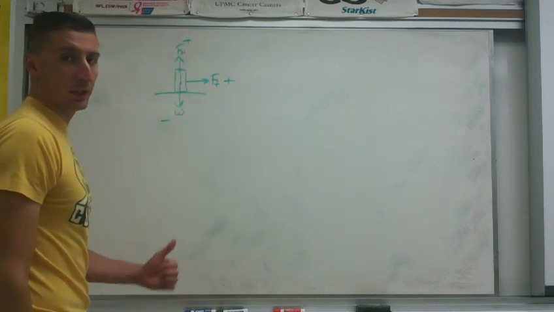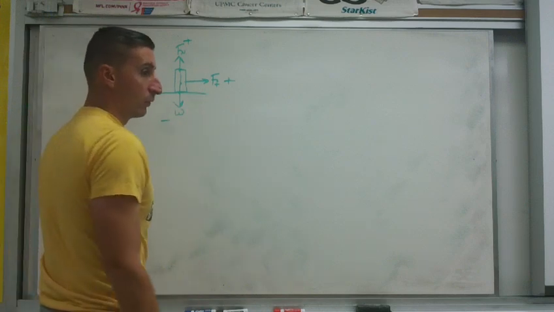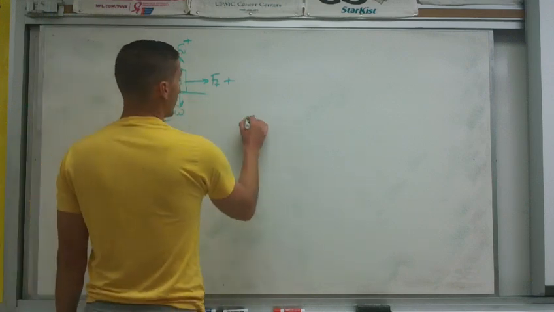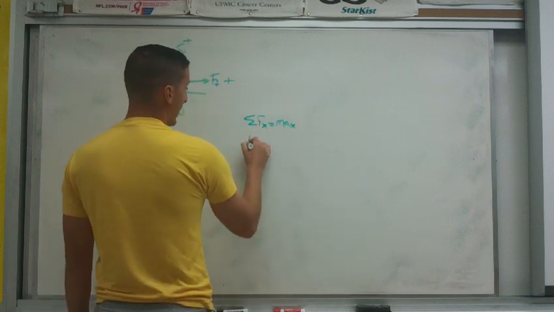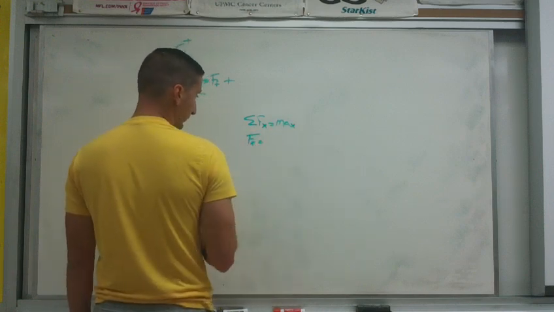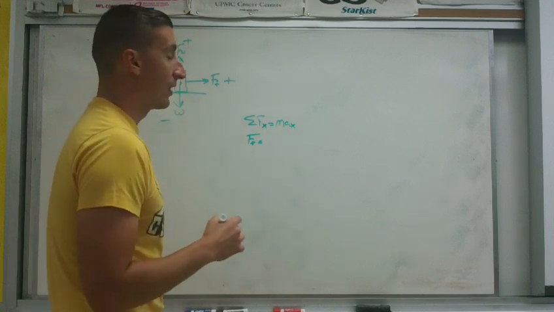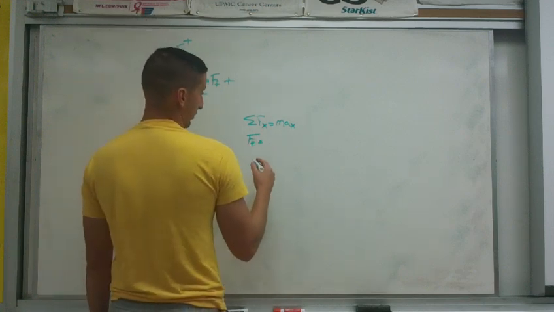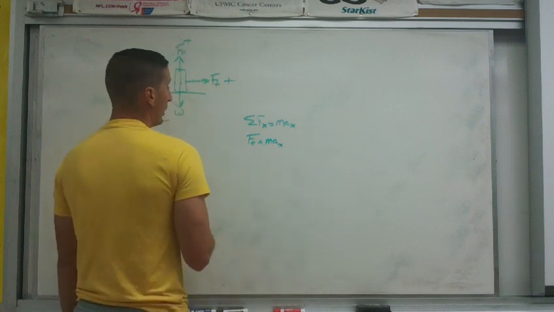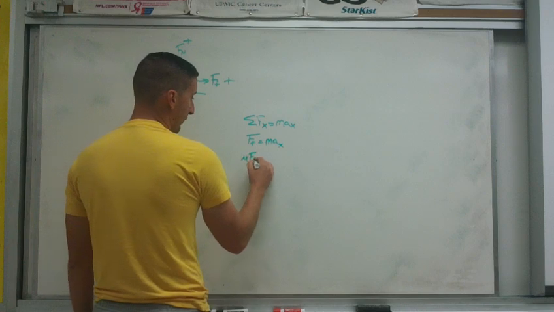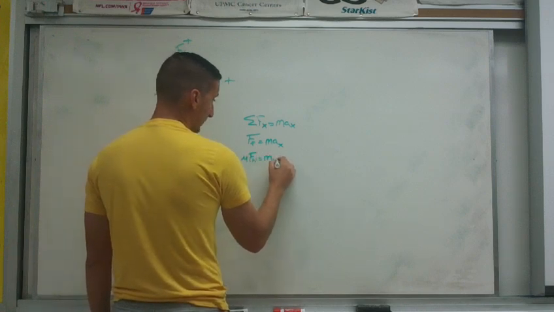So let's go ahead and take a look at the force of friction equation here. I'm going to go summation of the forces in the x equals max. Well, the only force I have is force of friction. Okay? We want to figure out the maximum acceleration. Force of friction is equal to mu Fn equals max.